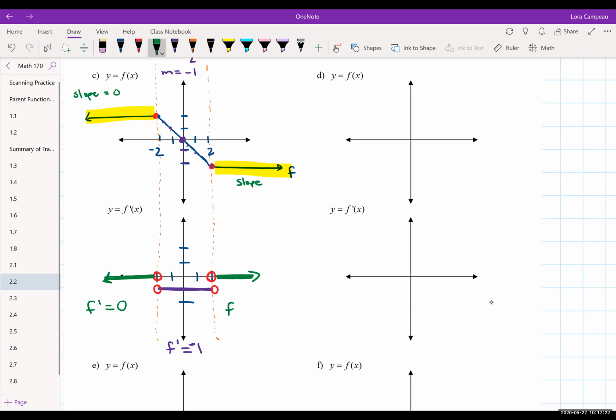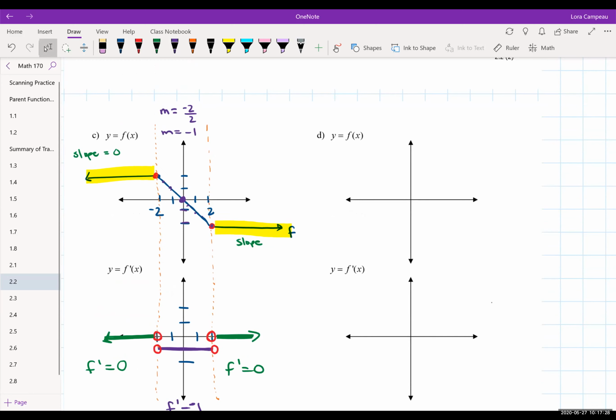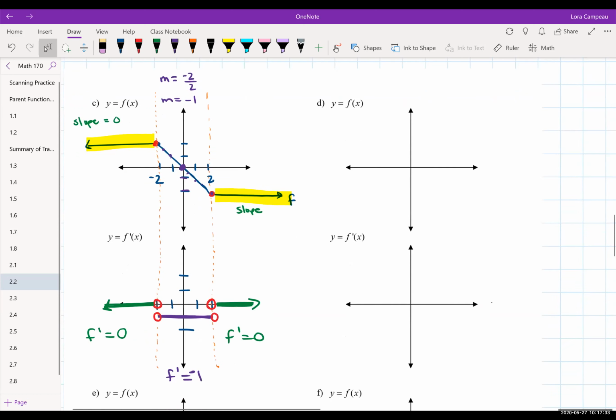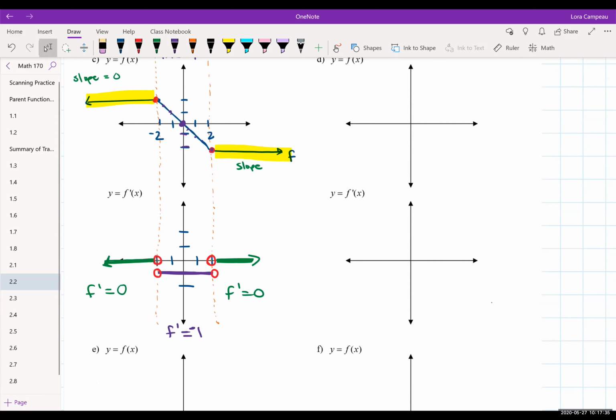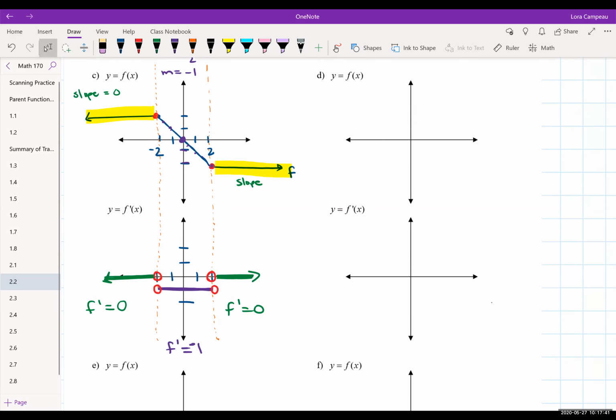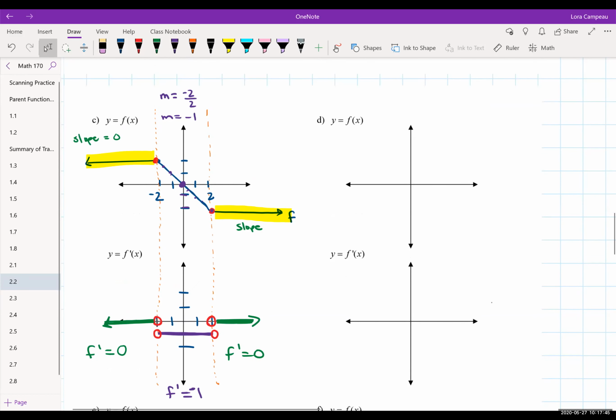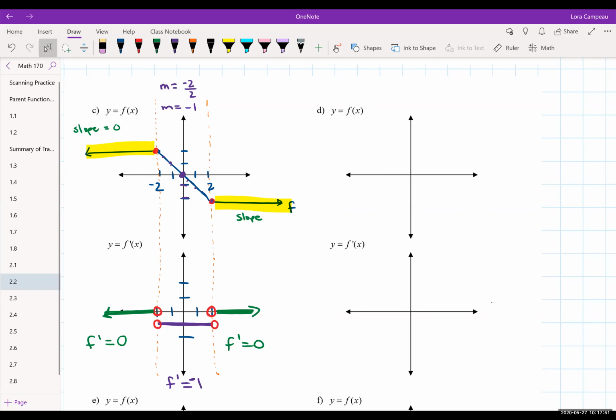Same story on the right piece. In the middle, the slope of the original function, every point on that piece ended up being -1. So the derivative would graph as y equals -1, although we don't necessarily call it y, we're calling it f prime, just to help you see the difference. So we have the original function on top, the corresponding graph of its derivative below.